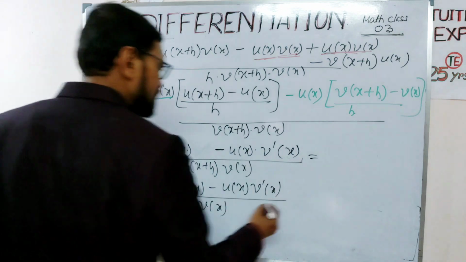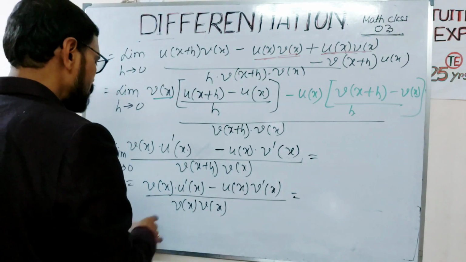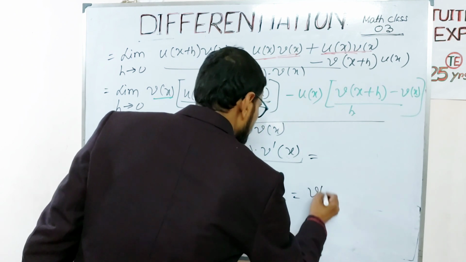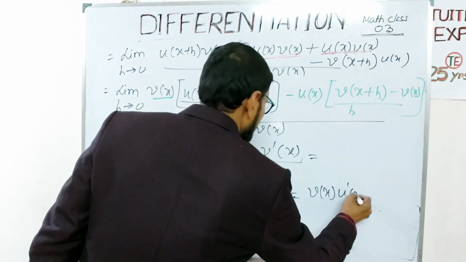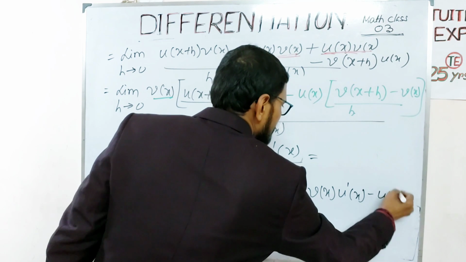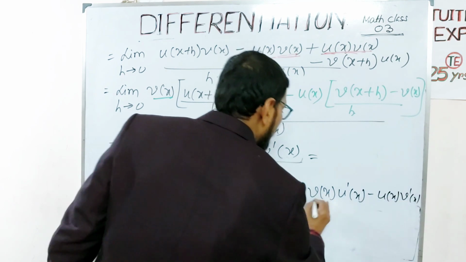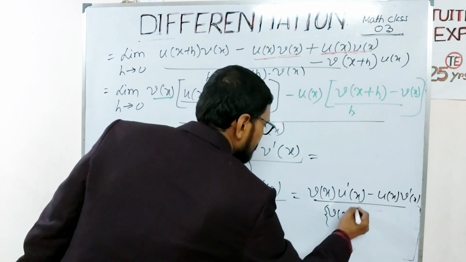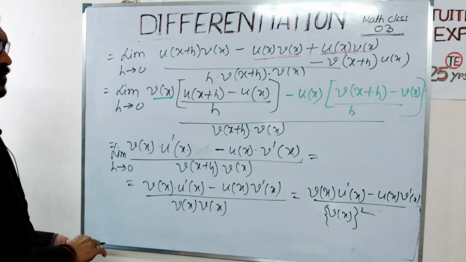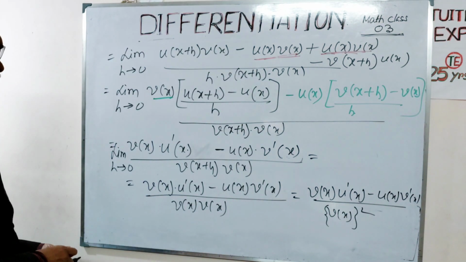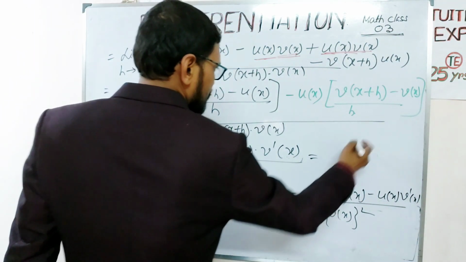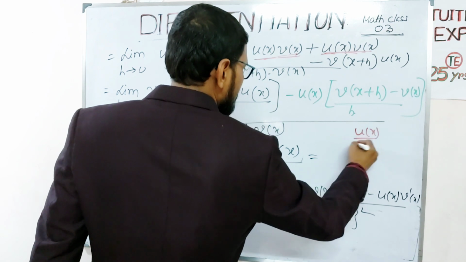So the formula of u x by v x is v x into u dash x minus u x into v dash x by v square, v x whole square. So this is the formula of u x by v x.